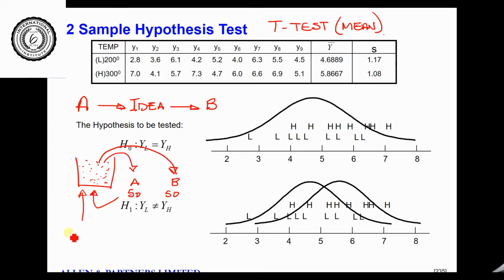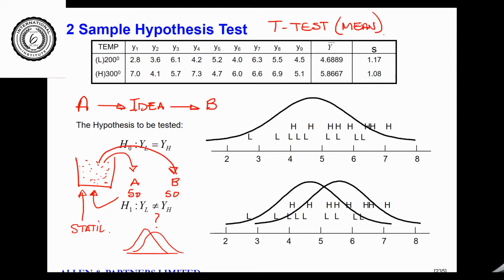So this is a static process. And yet, the two samples are different. Now then, is that an indication that the process moved in between our two samples, or was it just two samples? The only way you can judge that is to do a hypothesis test.